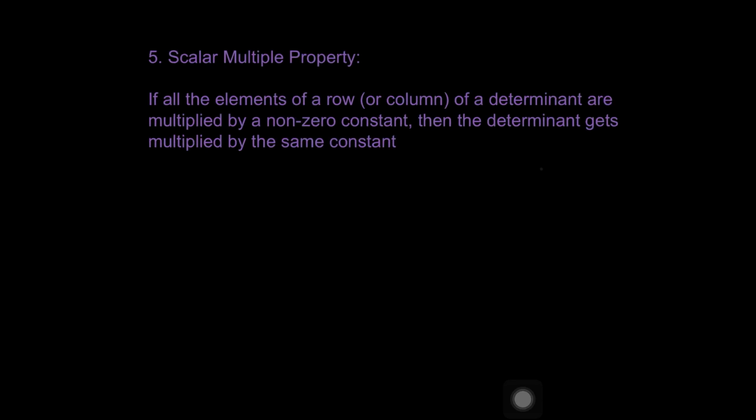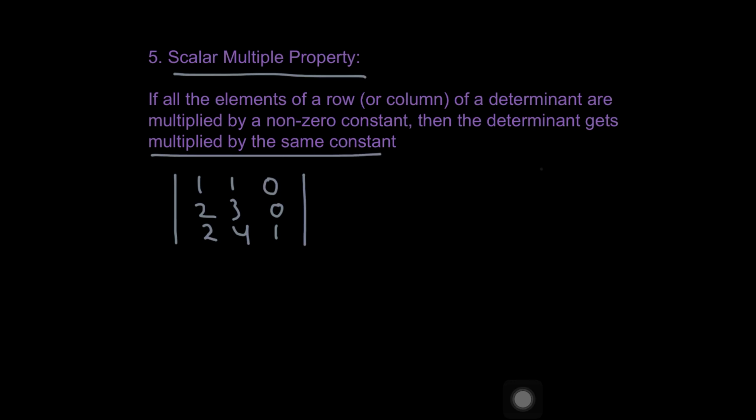Now look at the next one, that is the scalar multiple property. The scalar multiple property means if in a determinant you are multiplying any row with any constant or non-zero number, then the determinant will also get multiplied by the same constant.